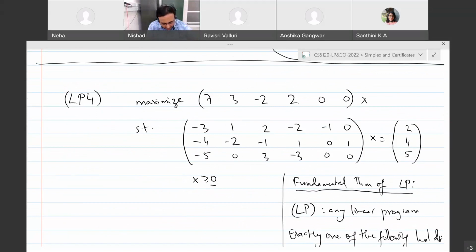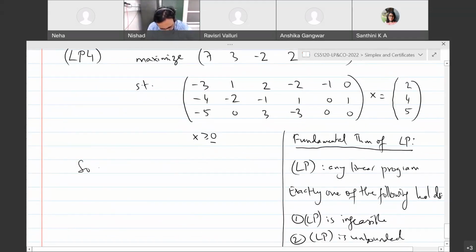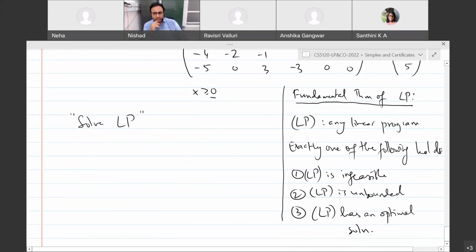So what do we mean by solving a linear program? Remember the fundamental theorem of linear programming? We know that for any linear program, either it is infeasible, or it is unbounded, or it has an optimal solution. One of these three possibilities holds. Exactly one of these, right?